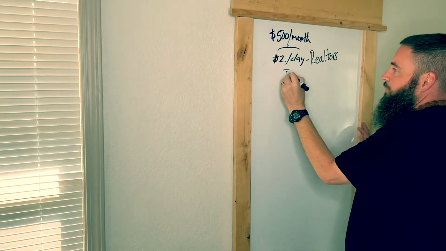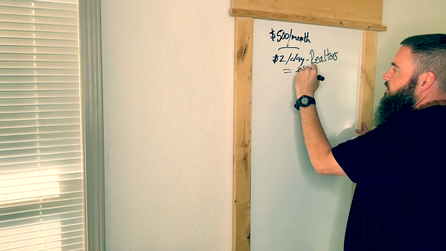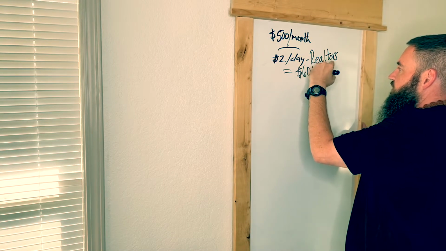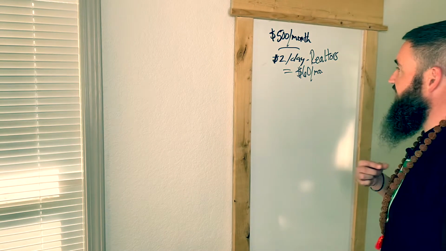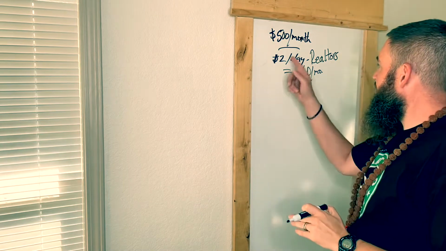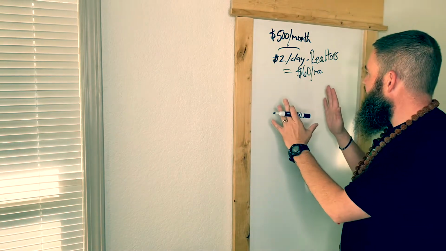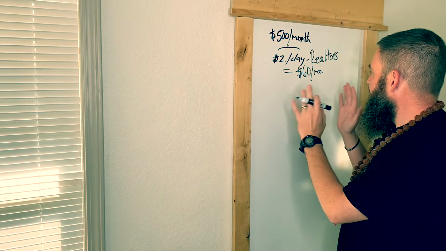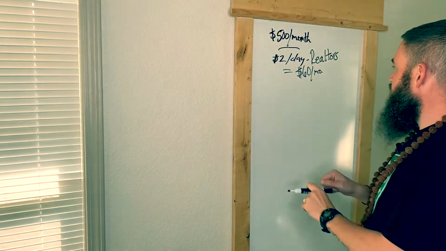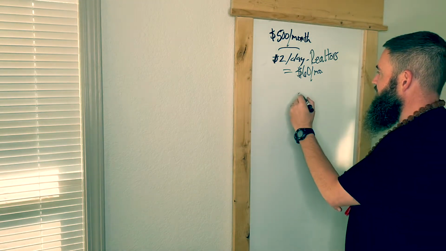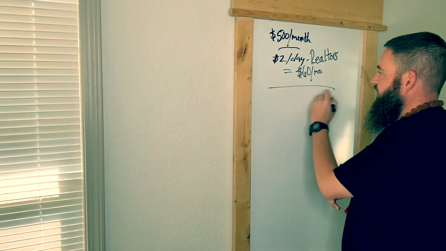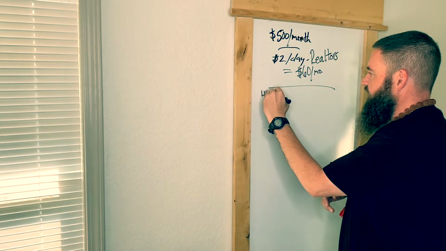That's going to give me about a $60 a month budget going to real estate agents. So from that initial $500, I still have $440 left over that I can continue to spend.